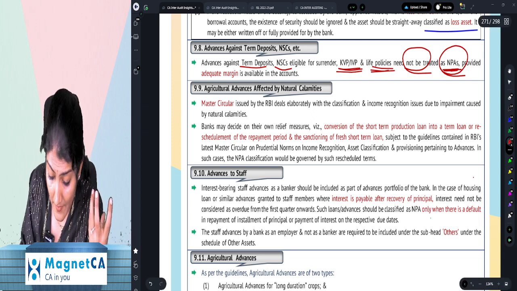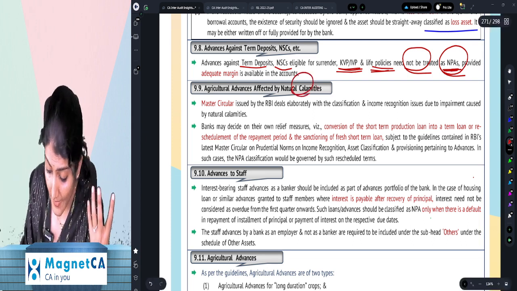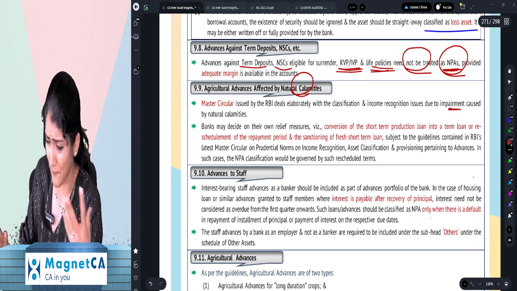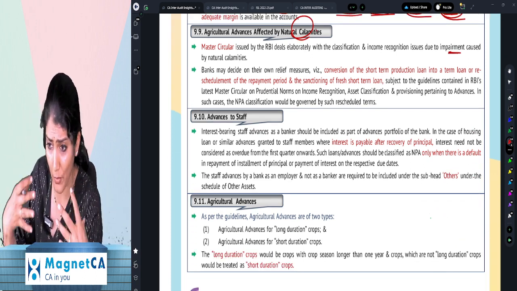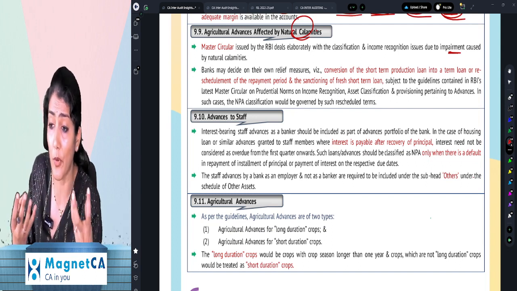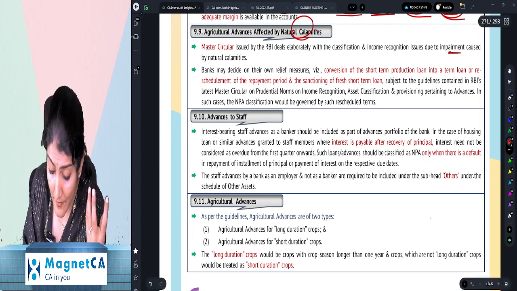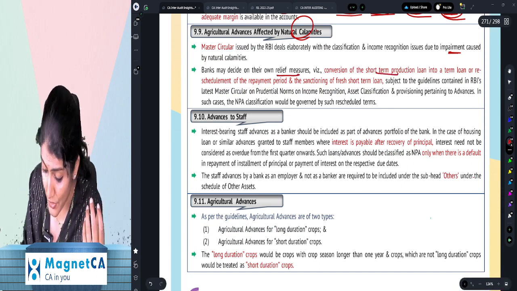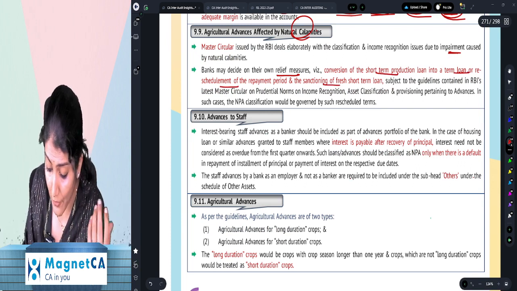And then sometimes natural calamities affect the repayment capacity of the agricultural borrower. Some flood or fire, drought or something, right? That is why the agricultural borrowers are not able to repay the bank loan. So the bank gives them some relief measures, that is conversion of the short-term loan into term loan, or rescheduling, or sanctioning of a fresh loan.